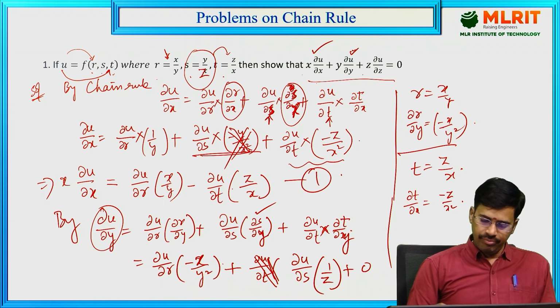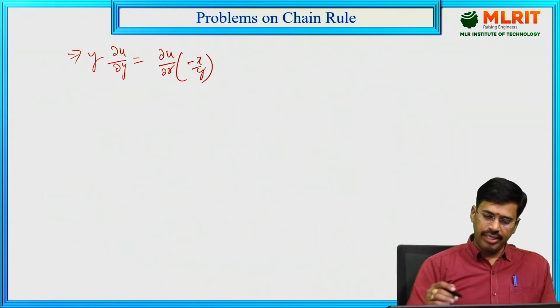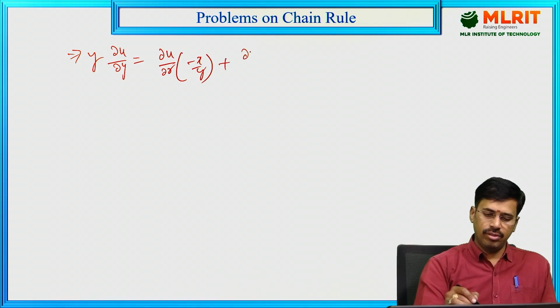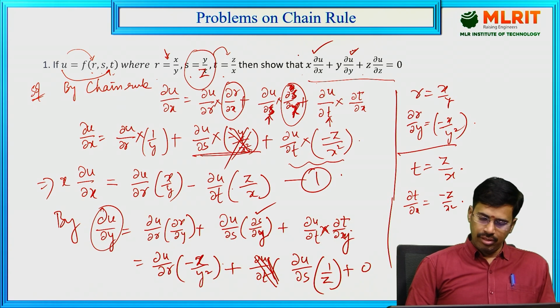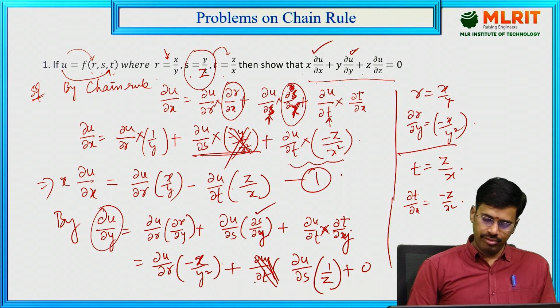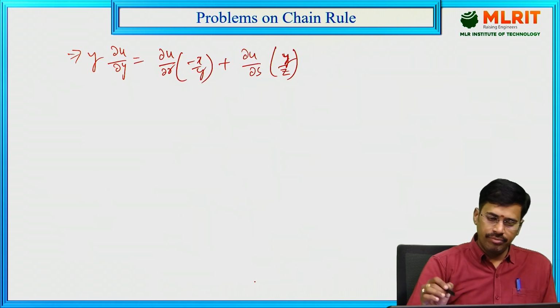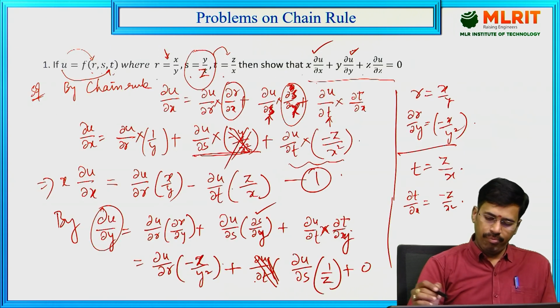Next, ∂u/∂s into y/z. This is ∂u/∂r into ∂r/∂y, right? Plus z into ∂u/∂z.